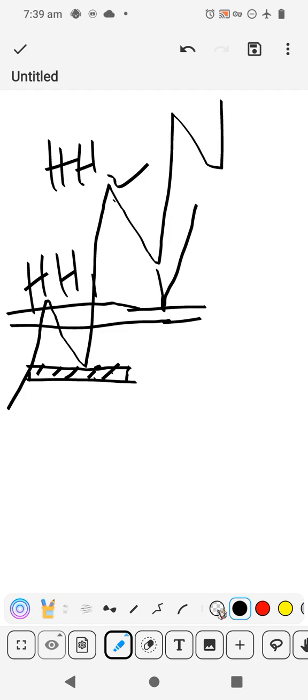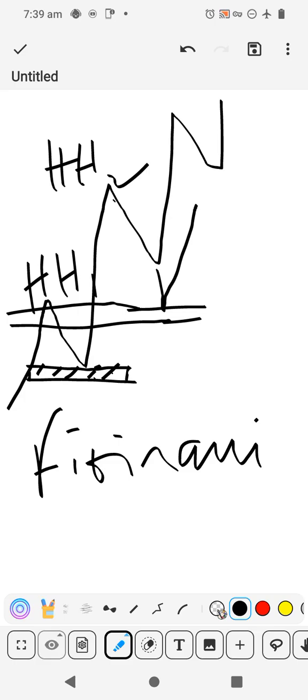Now there are tools for getting entries. There's what they call Fibonacci. There's a Fibonacci whereby you simply get your fib levels.